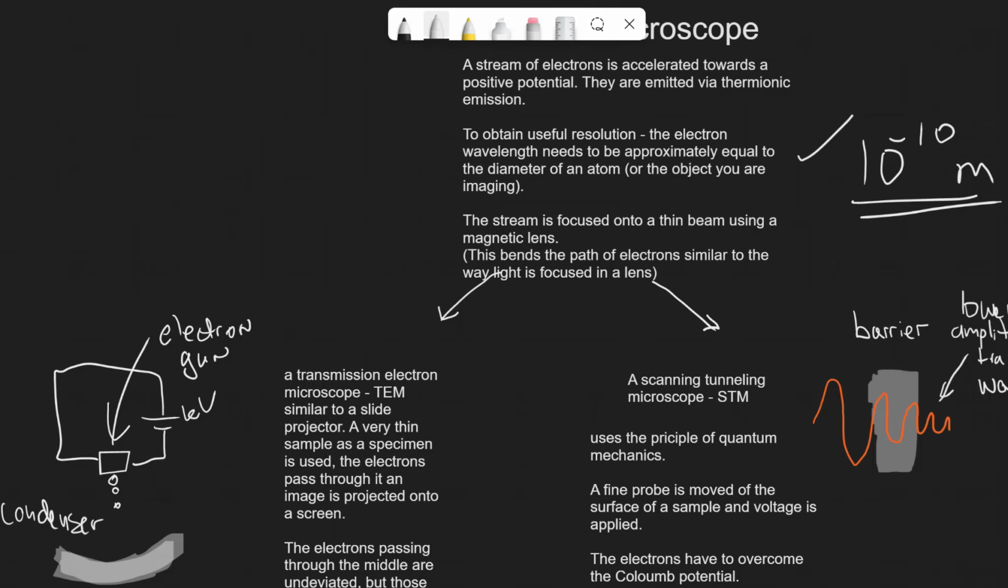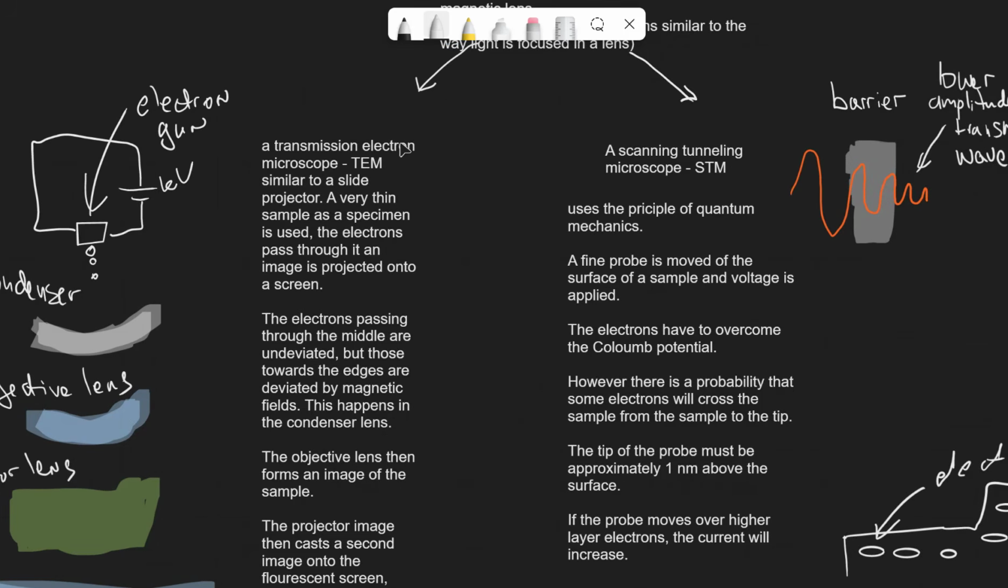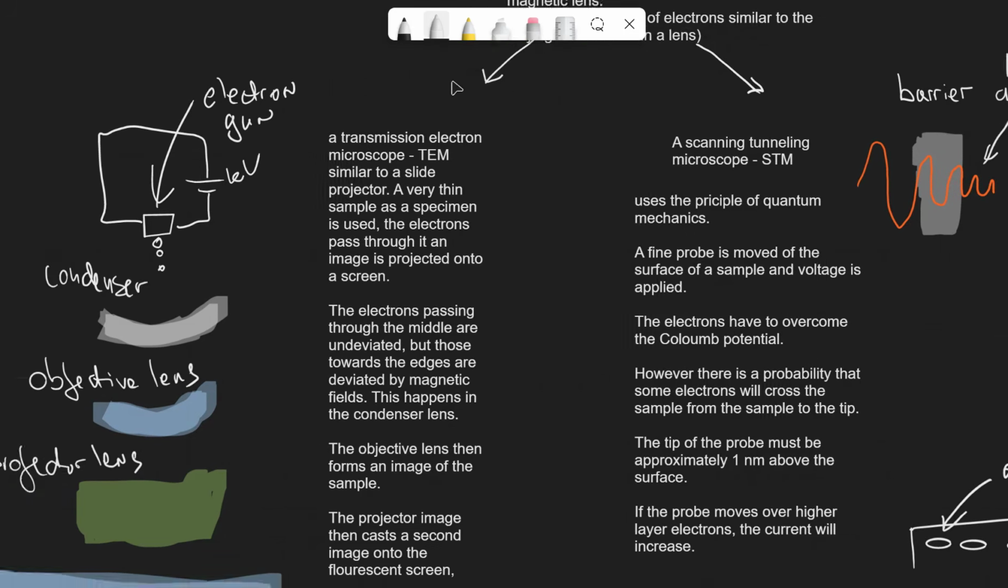Now, we tend to focus this stream of electrons onto a thin beam using what is known as a magnetic lens, or using a magnetic field to essentially influence the path of the electrons. There are two types of electron microscopes that we need to know.